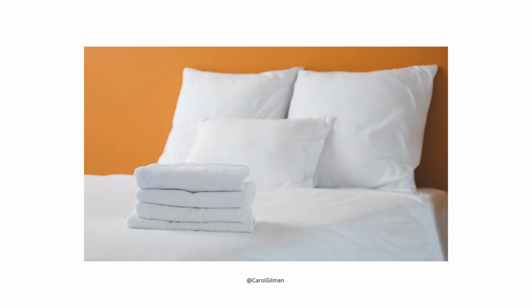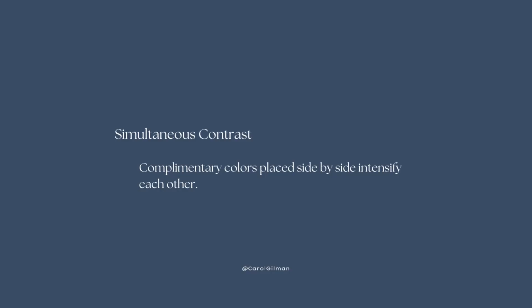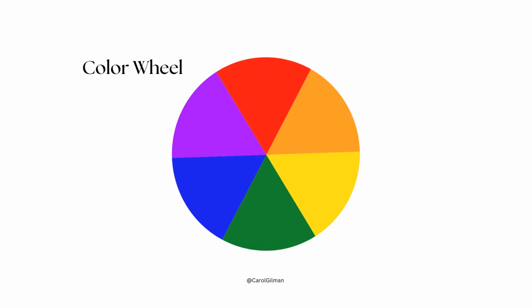If those sheets are naturally kind of blue, they have more of a bluish undertone, and it's up against an orange wall, that would be called simultaneous contrast, which means that complementary colors will bring out more of each other's complementary colors. So on a color wheel, orange and blue are complementary colors. They're opposite each other on the color wheel.